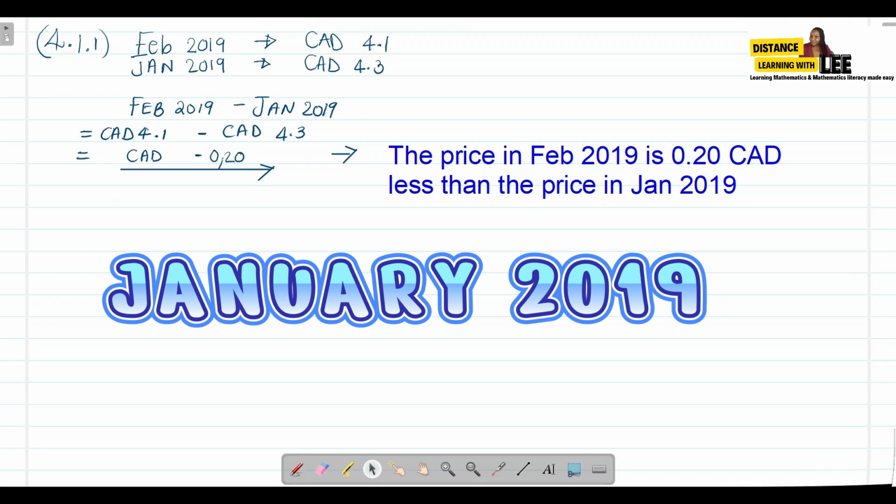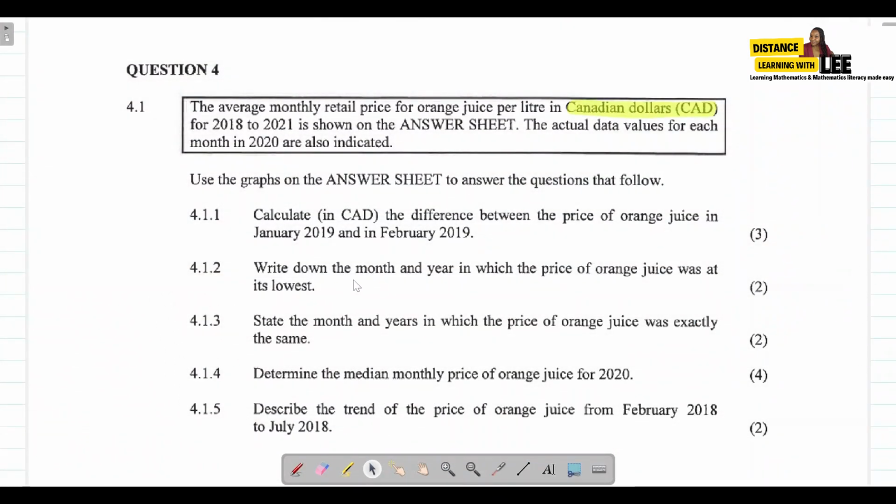Okay, next question. Write down the month and year in which the price of the orange juice was at its lowest. So here we need to look at our answer sheet, and we're going to look for the point where the price is at the lowest.